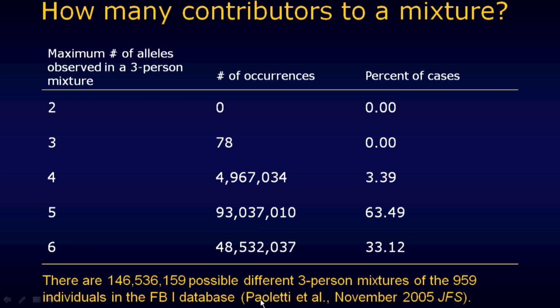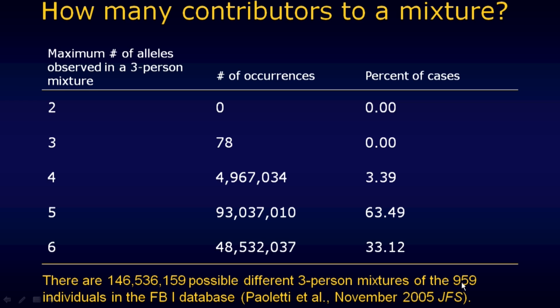And it turns out that with 959 individuals to do that type of conceptual mixing with, when you're talking about three-person mixtures, again, these are instances where we know that we've combined the DNA profiles of three individuals, you can actually make almost 150 million different known three-person mixtures, through various combinations of those 959 individuals whose DNA profiles we had in hand.